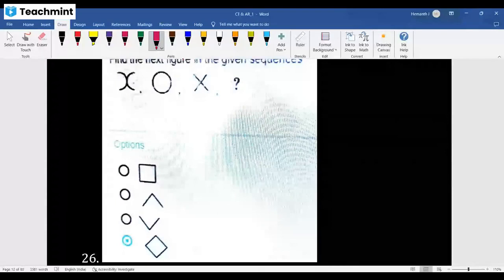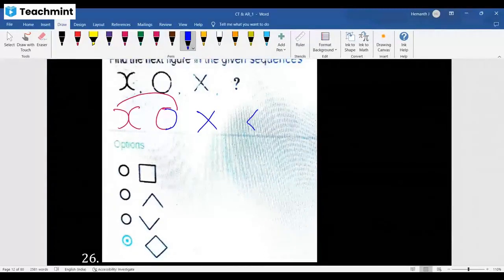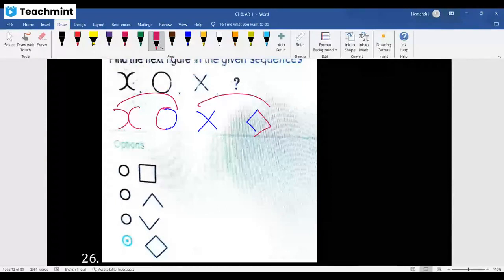They're given like this, and this left side one came to right side. Then you got that circle. Here also you have a cross mark, right? Right side one, let it be. That left side part, if that comes to this side, then you will get option D, right?